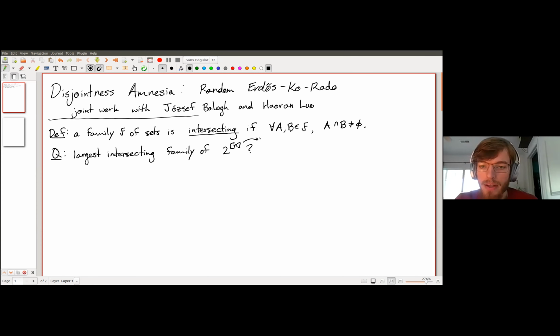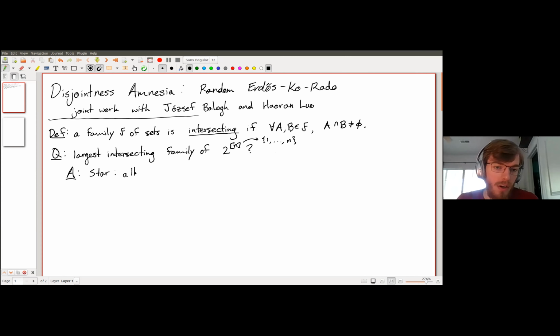This bracket n is the numbers 1 up to n, and 2 to that is just the power set of this set. Unfortunately I have to spoil the answer for you, but there are 2 parts to this: a lower bound and an upper bound. For a lower bound, let's try to think of a construction, and a natural construction is what I'm going to call a star.